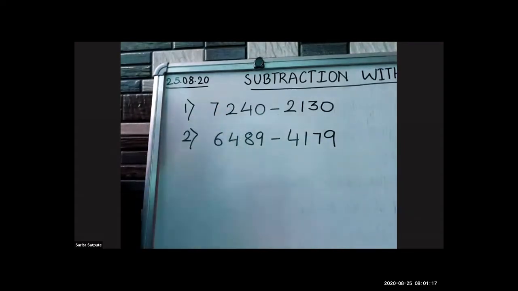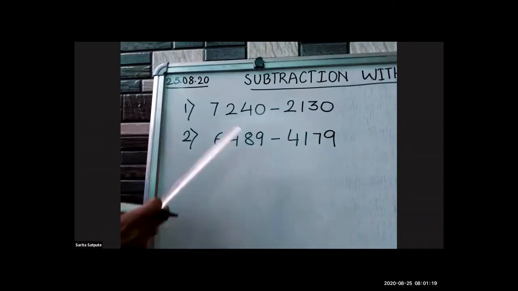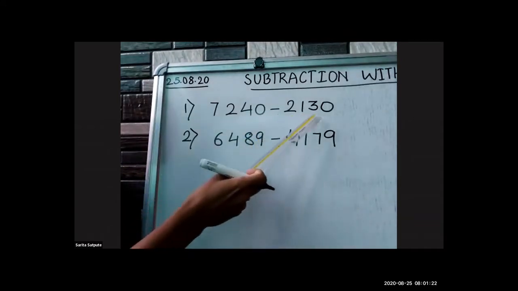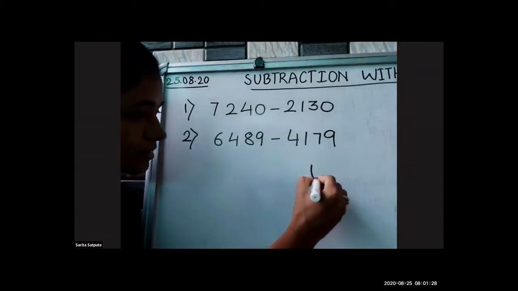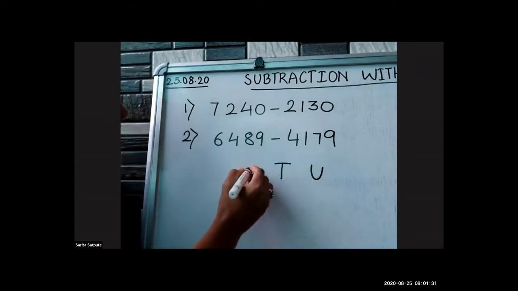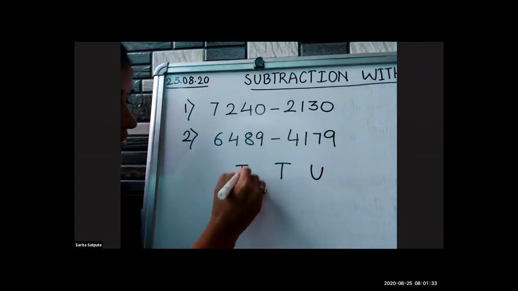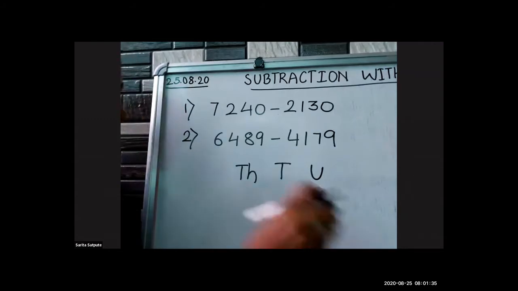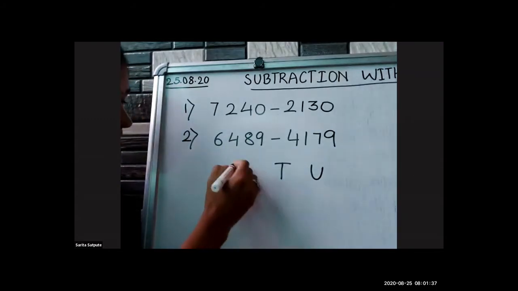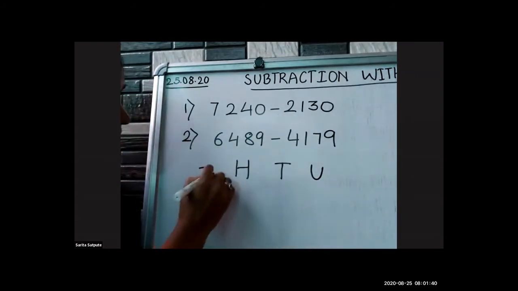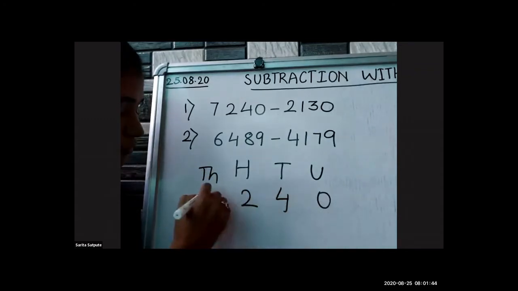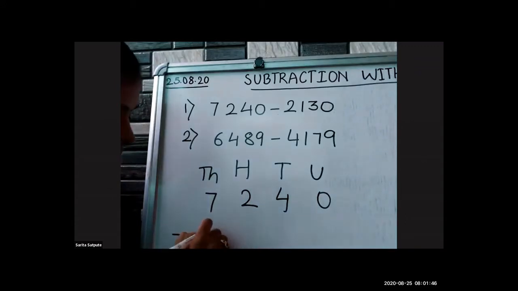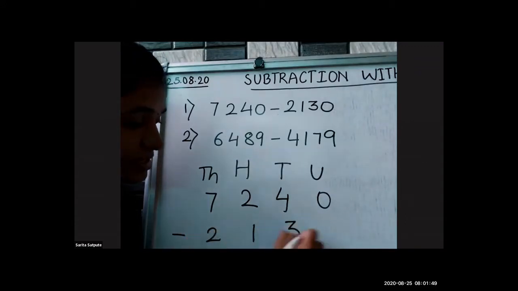The first number is 7240 minus 2130. I have written these questions in horizontal form. First you have to write it in vertical form and then solve it. 7240 and the other number is 2130.